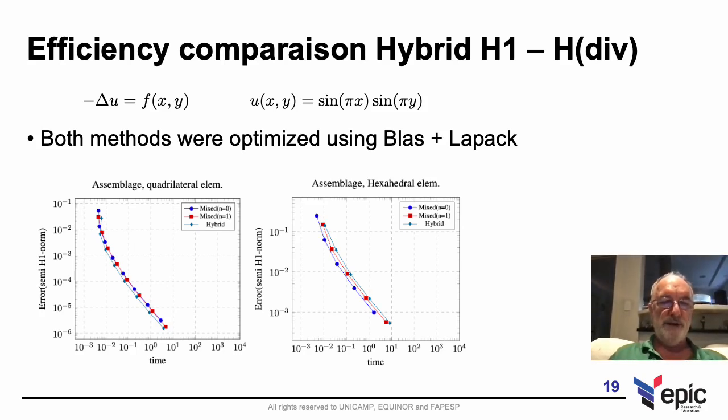If we compare in terms of execution time, and this slide actually hides a lot of work. So Victor, together with a collaboration of the National University of San Agustin of Arequipa, Peru, worked on optimizing both the hybridized H1 approximations and the HDiv approximation.